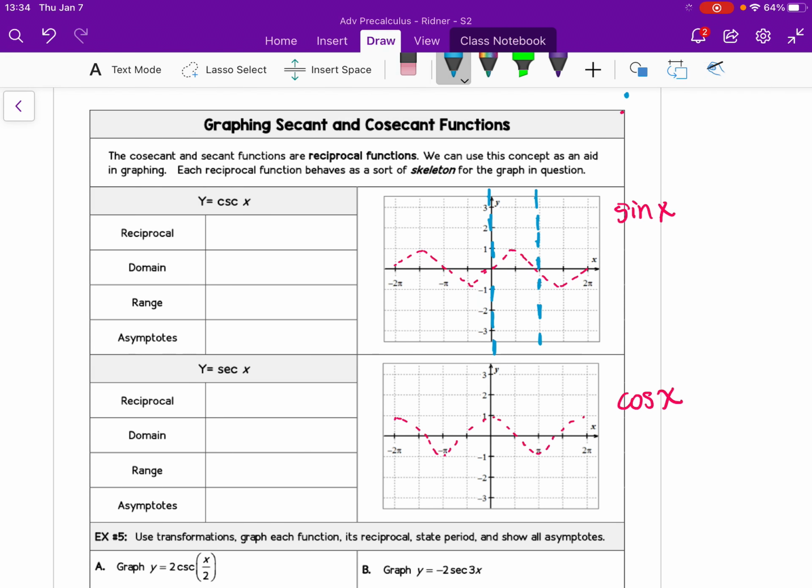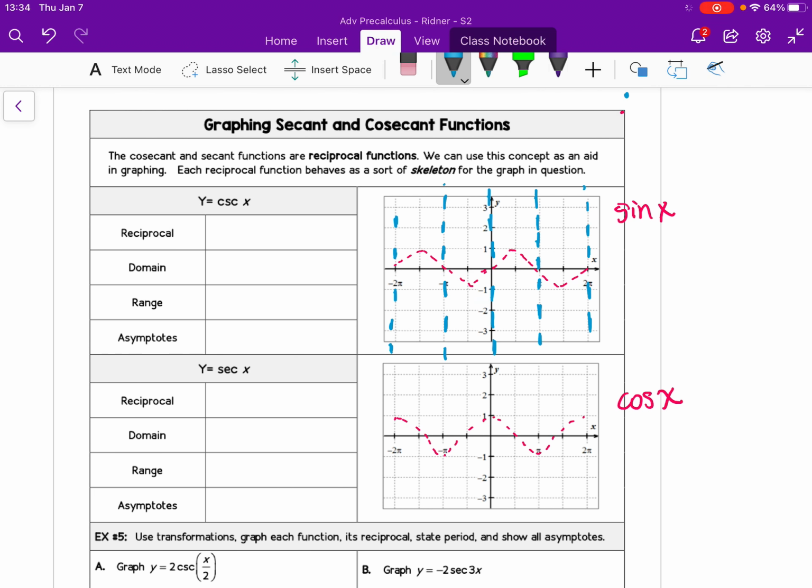That makes sense because that's where sine is 0 and the reciprocal of 0 is undefined, because 0 over 1 becomes 1 over 0, and we can never divide by 0. If it's at 0, it's also going to be undefined at 2 pi because that's the same location.